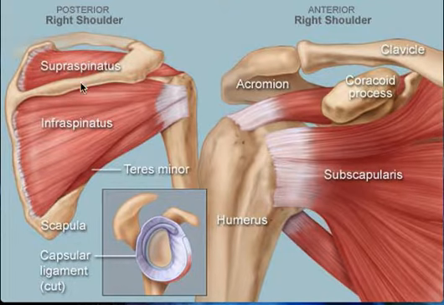So we have discussed these three muscles, that is supraspinatus, infraspinatus, and teres minor, which are inserted on the greater tubercle. The only rotator cuff muscle which is being inserted in the lesser tubercle is the subscapularis. Now remember, this is the anterior view, and this is a very frequently asked question in MCQ, which is the only muscle which is getting inserted in the lesser tuberosity of the humerus, and the answer is subscapularis, right?